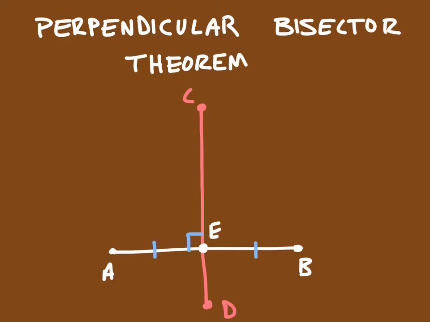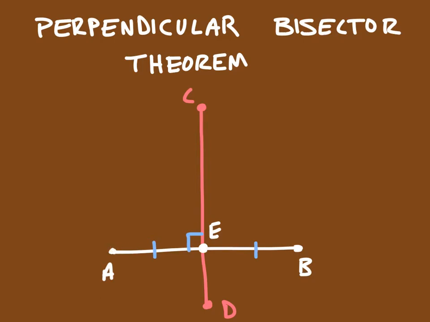Because of that, what the perpendicular bisector theorem states is that if you have a perpendicular bisector, CD, then any point along your perpendicular bisector is going to be equidistant to your endpoints.